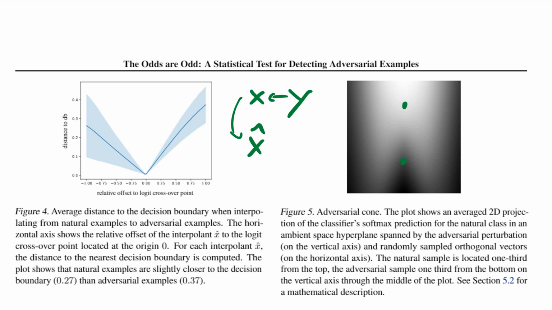So the direction down is going into the direction of x hat minus x. So it's going into the adversarial direction. And then the direction across is, we've taken some direction that's orthogonal to this direction, and then also went into tiny steps and asked the classifier, hey classifier, what do you think is the probability of y here?